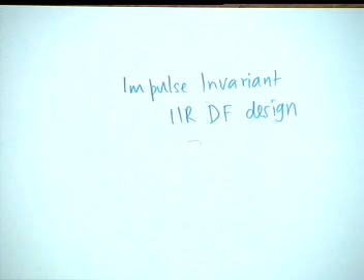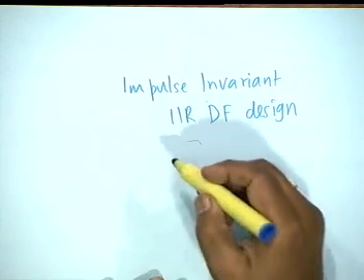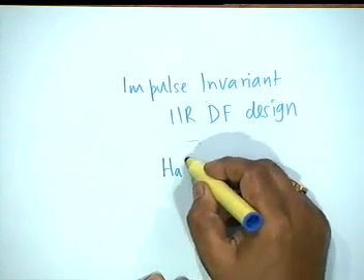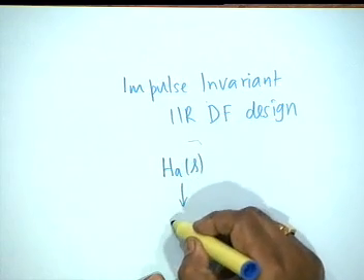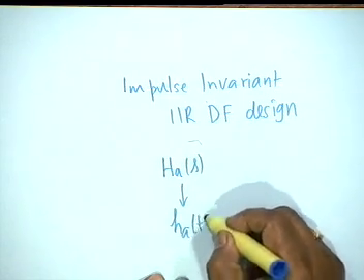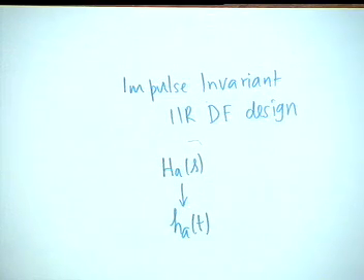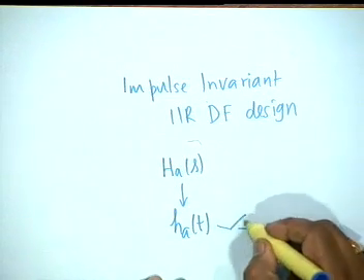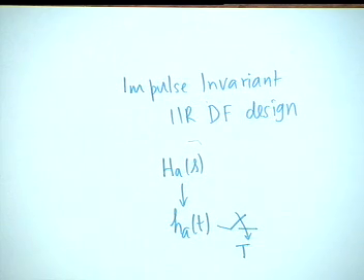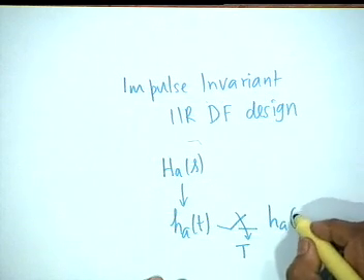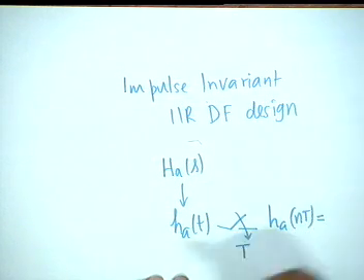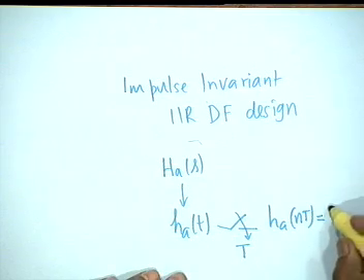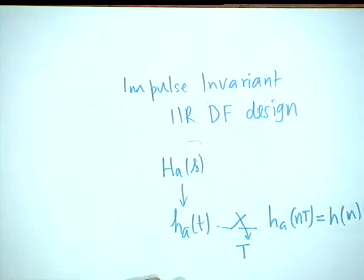The philosophy was very simple: we take an analog filter HA of S, we derive the HA of t by inverse Laplace transform, then we sample this, we sample HA of t to get HA of nT, which we accept as the impulse response of the digital filter.